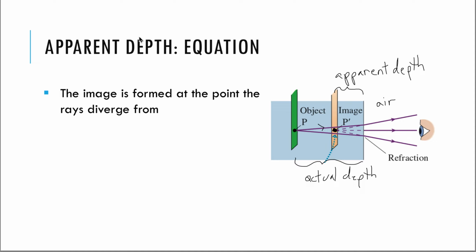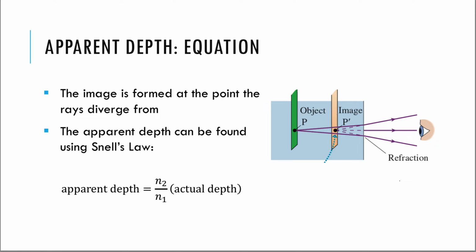So it turns out that you can use Snell's law to figure out exactly how this actual depth here compares to the apparent depth. We're not going to go through all the math. I used to, but it's a lot of geometry and it requires a small angle approximation.